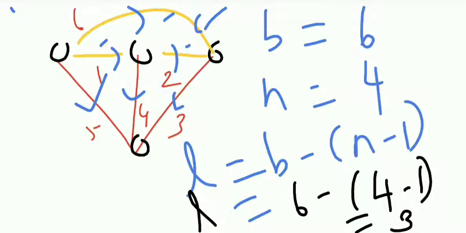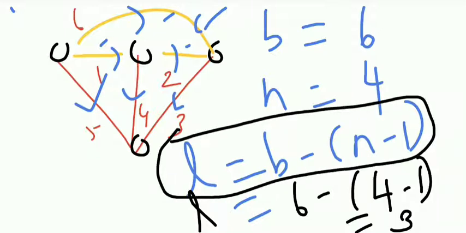Why I write L is equal to b minus n minus 1? L is equal to link. Link is obtained by subtracting number of twigs from the branches. Twigs are nothing but the branches of tree, whereas links are nothing but the branches of co-tree.